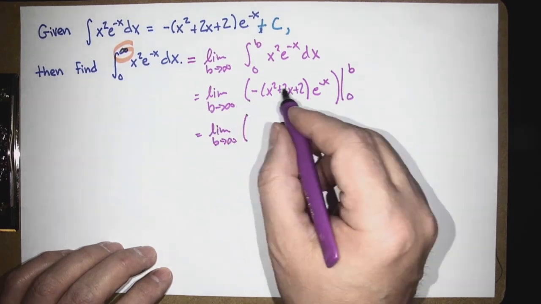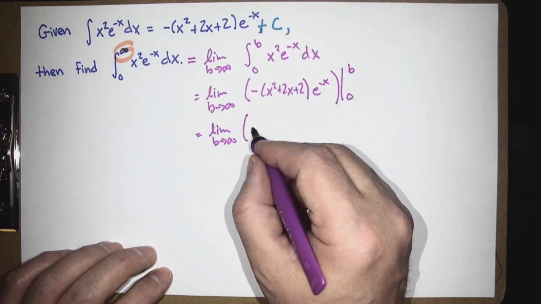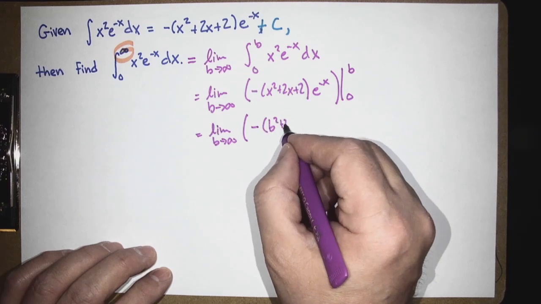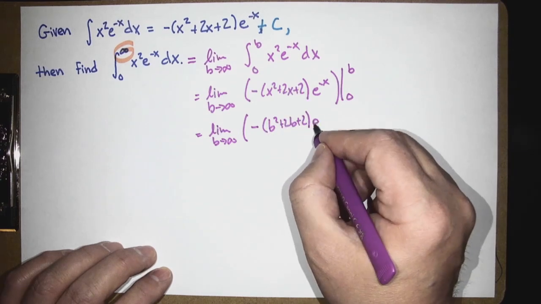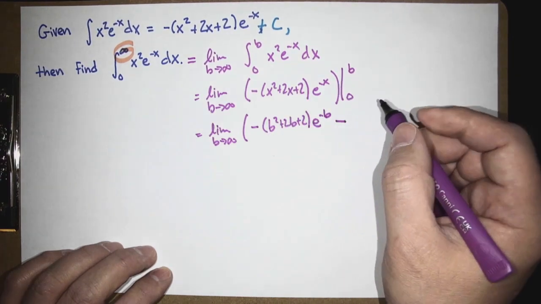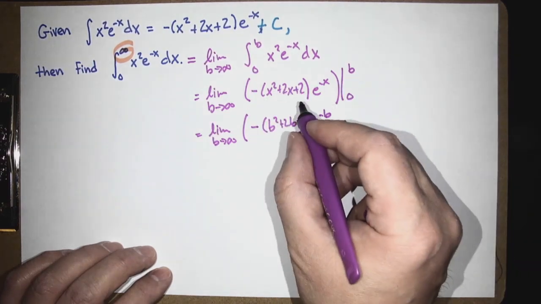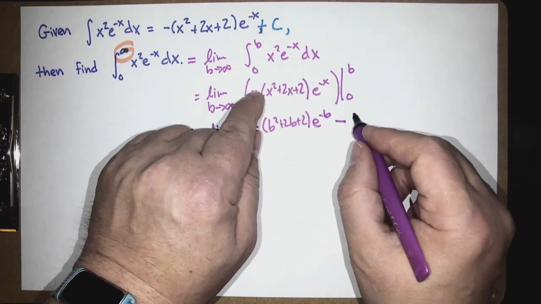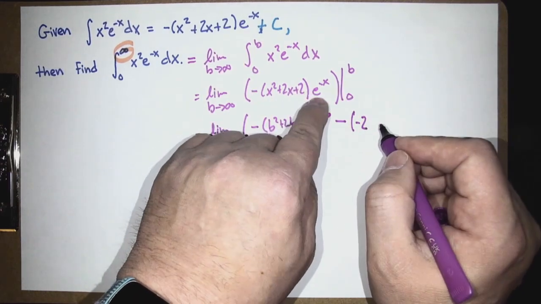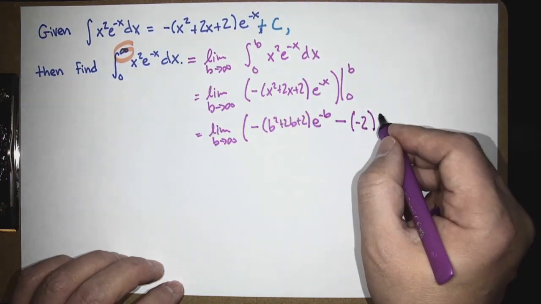And we plug in everywhere we see x, we plug in b, so minus b squared plus 2b plus 2 times e to the negative b. Subtract. Everywhere we see x, you plug in 0. Well, we get 0, 0, a 2. Don't forget about that minus, so minus 2. And e to the 0 is 1.